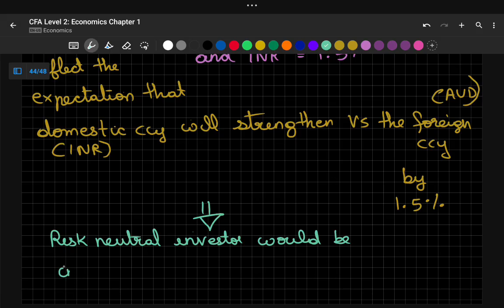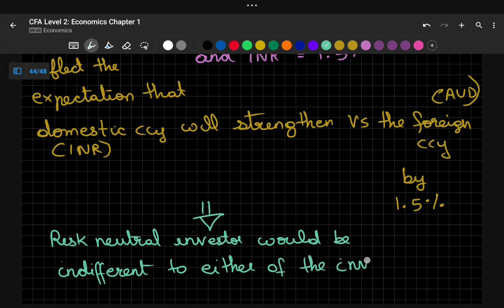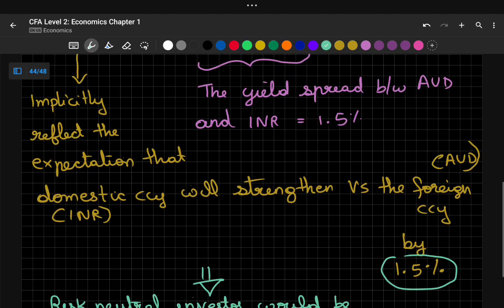A risk neutral investor would be indifferent to either of the investments because both will give a similar return. Since AUD is giving more interest rate, by 1.5%, the domestic currency INR would also be appreciating by 1.5% during that investment horizon.